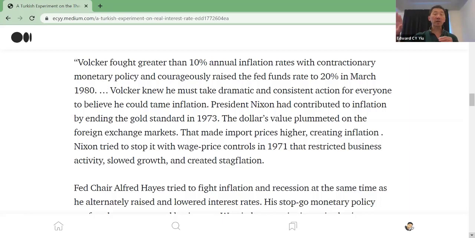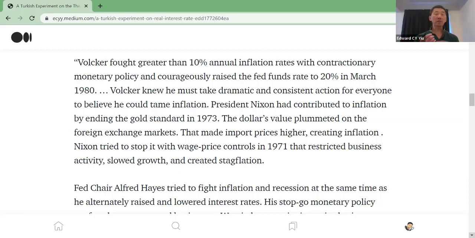Let's go back a little bit. Why did the inflation rate increase in the first place in the 1970s in the US? Refer back to the quotation. President Nixon had contributed to inflation by ending the gold standard in 1973. That is what we have discussed before about the Bretton Woods agreement.